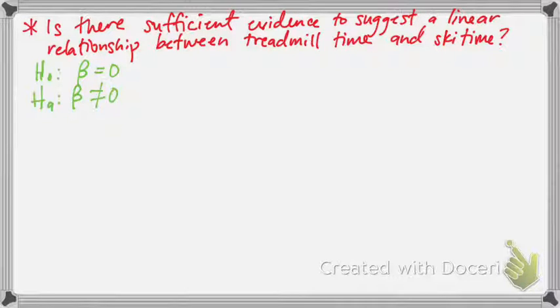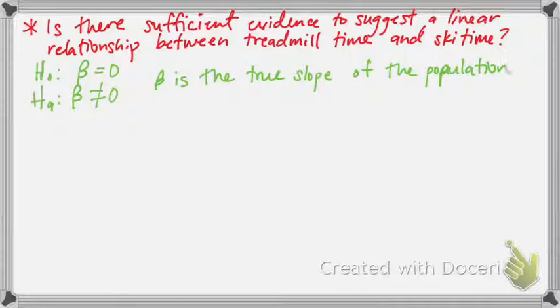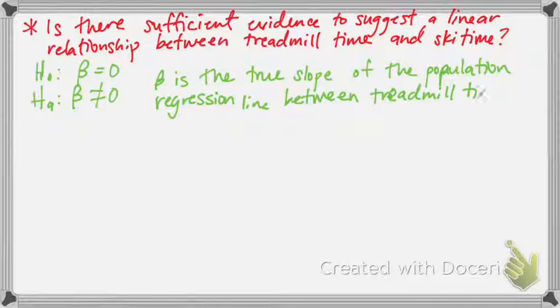What is beta? Beta is the true slope of the population regression line between X and Y. So between treadmill time and ski time.